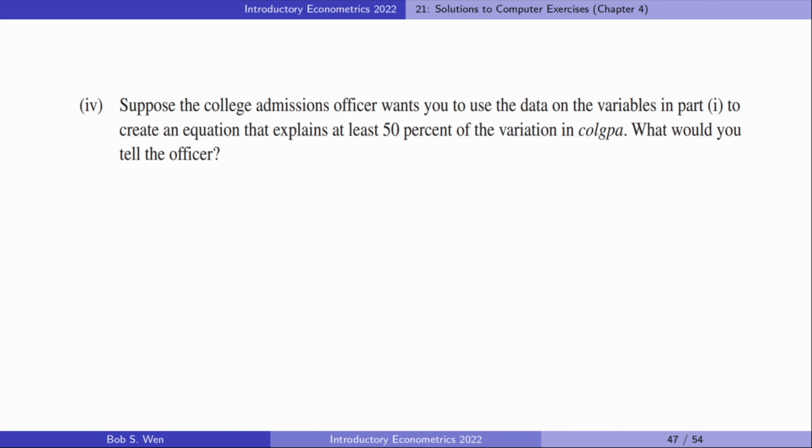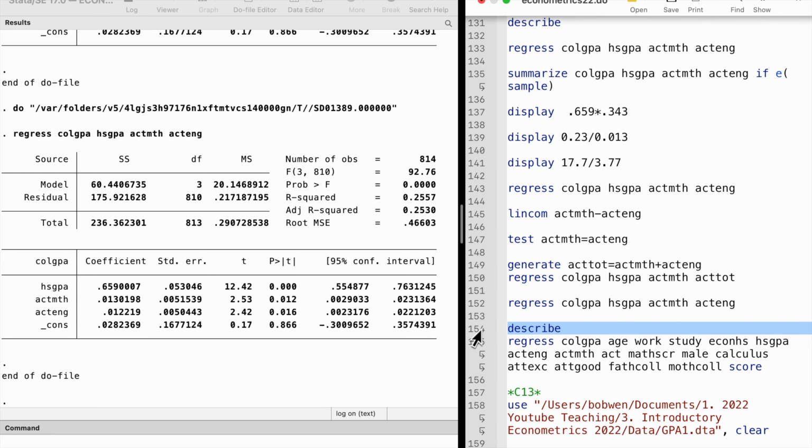In the last question, we first find the R-squared of the regression in part 1. Around 25% of the variation in college GPA is explained by the explanatory variables in the model. If we want to create an equation that explains at least 50% of the variation in college GPA, we should add more explanatory variables to the model.